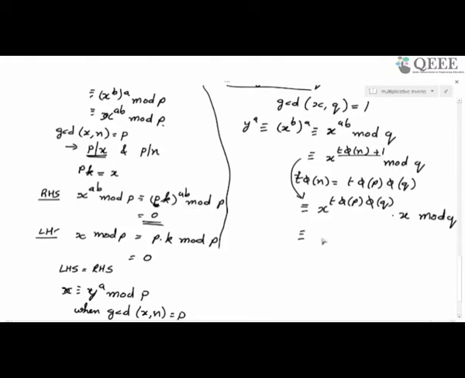So what we are going to say is that x to the power of phi of q, t phi of p, into x mod q. Now you see that since GCD of x and q is equal to 1, therefore x to the power of phi of q mod q will be equal to 1.